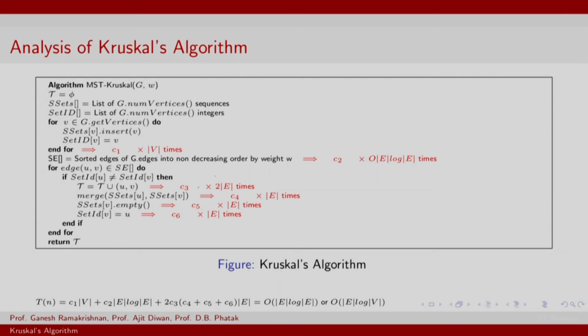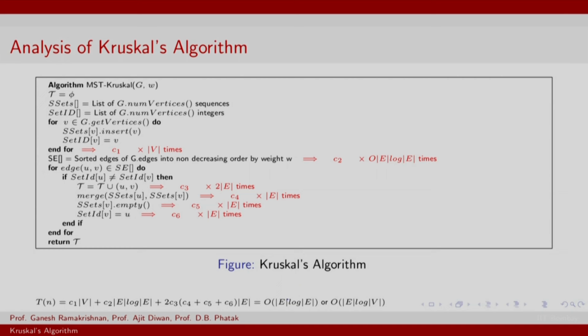We are going to do this for every edge, the worst case for all edges. The merge is an order E operation again, because in the worst case the two sets that you have will need to be merged. And finally, you have some other order E operations over all the edges.